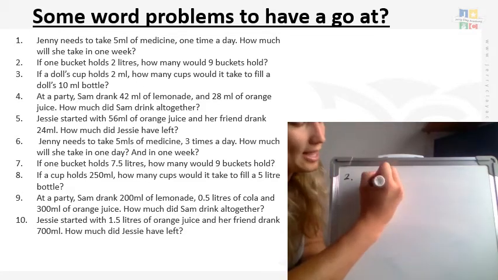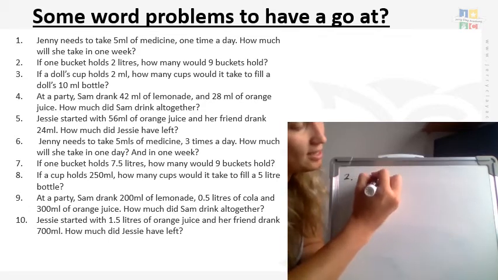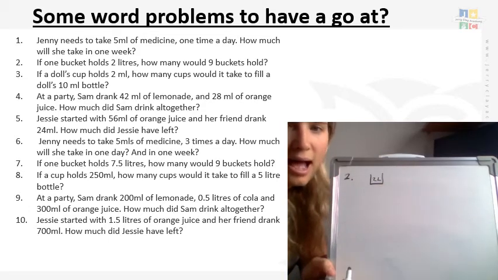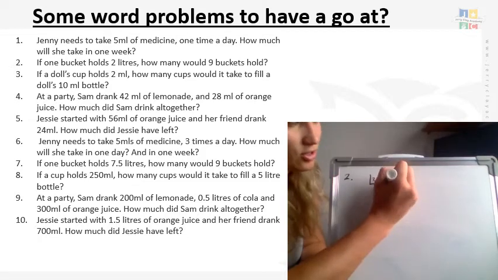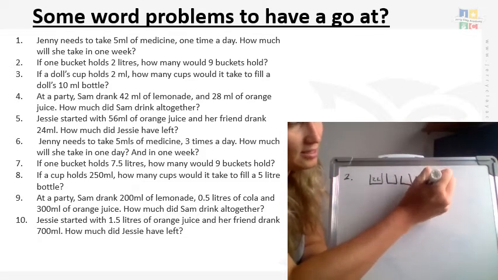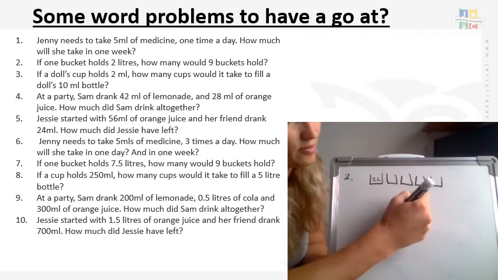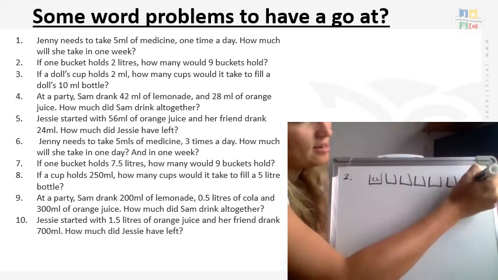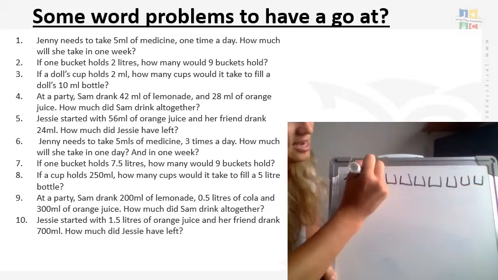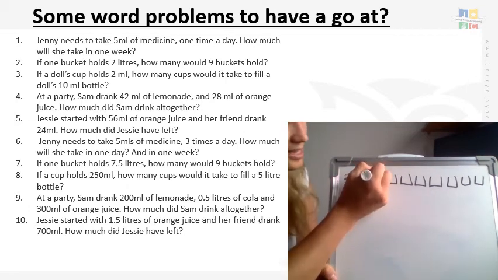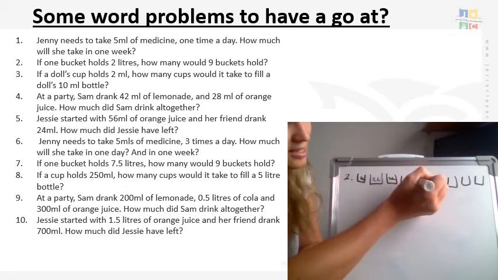So if 1 bucket, you could even draw the bucket, holds 2 litres of water, how many would 9 buckets hold? So you could have either drawn 9 buckets, 1, 2, 3, 4, 5, 6, 7, 8, 9, and each has got 2 litres in it. So I could write 2 litres in.